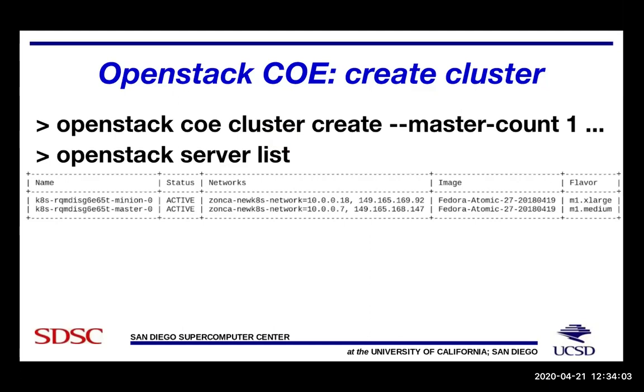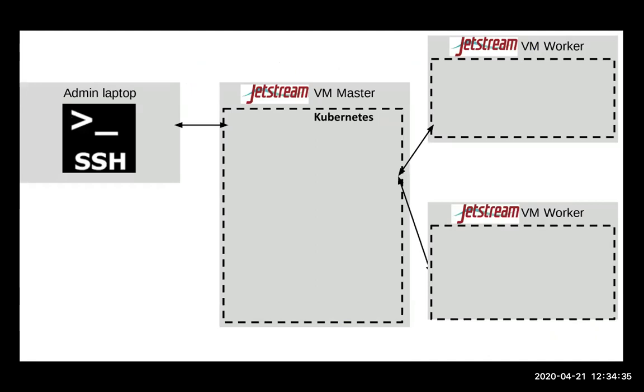What this is actually doing is creating a number of virtual machines, and then those virtual machines are running all the Kubernetes services. After we have Kubernetes running, we won't be using OpenStack much anymore. We have another command line tool which allows us to directly interact with the Kubernetes API.